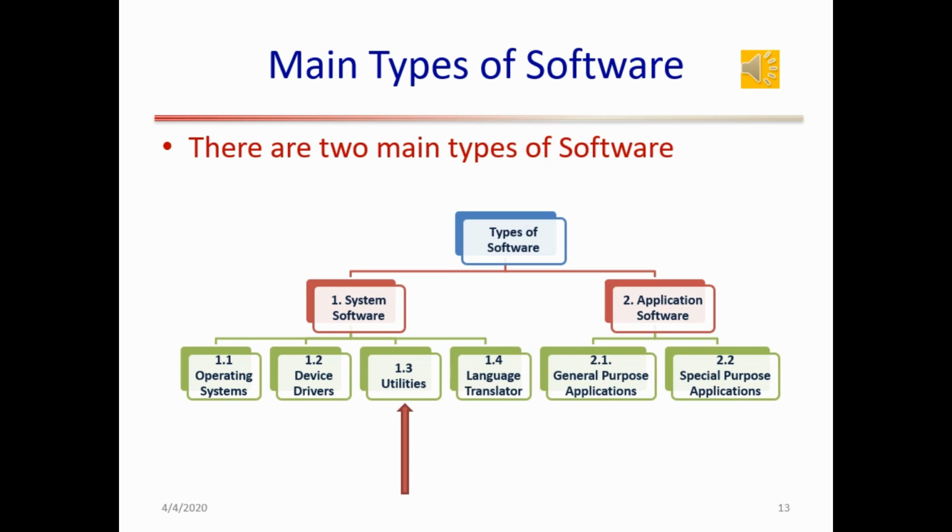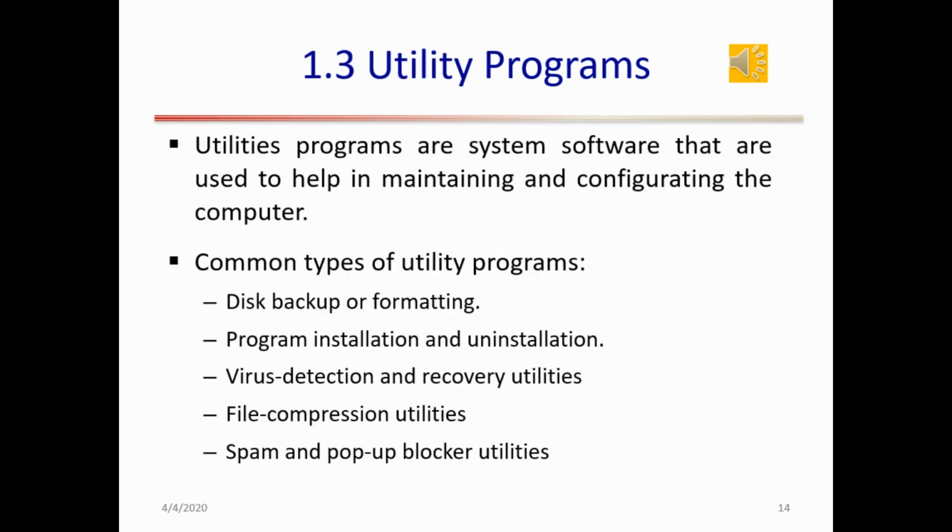Coming to the third type of system software, which is the utility programs or the utility services. Utility programs are the set of programs that provide services to the user, like taking backup of his data, formatting the hard disk or any other storage devices, compressing or decompressing files, the antivirus programs that are used to protect the computer from viruses and to recover if a virus attacks the computer, and the programs that are used to secure the computer against spam.